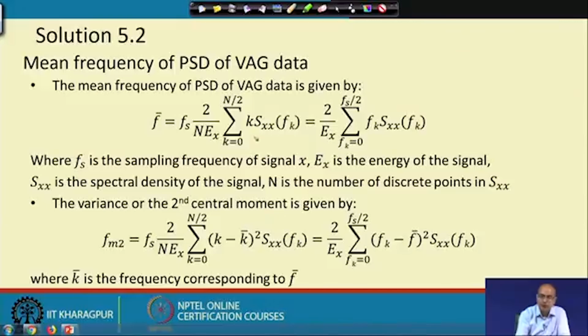Our spectrum is Sxx(f_k) in the discrete domain, where k is varying from 0 to N by 2. To compute the first moment, we multiply it with k and take the summation.